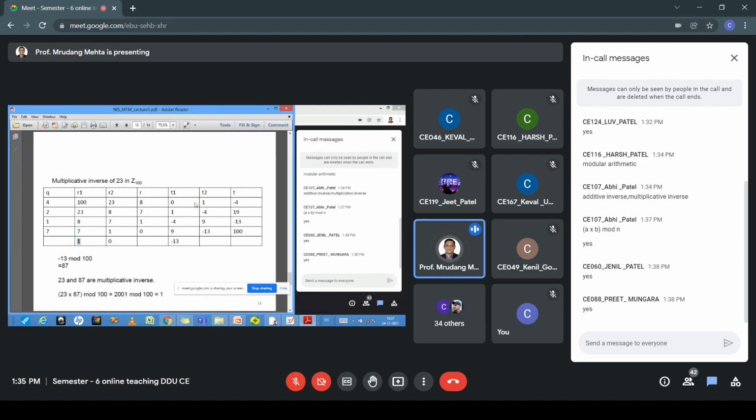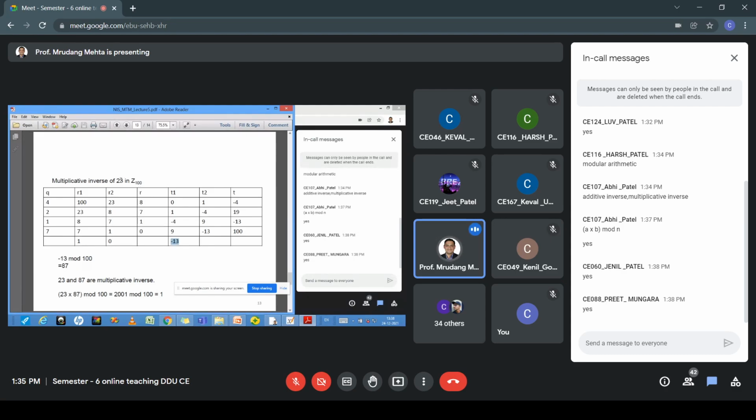At that time, what is the value of T1 and T2? We find that when the GCD is 1, T1 is minus 13. So the GCD is 1, which means the multiplicative inverse is possible, and its value is minus 13.